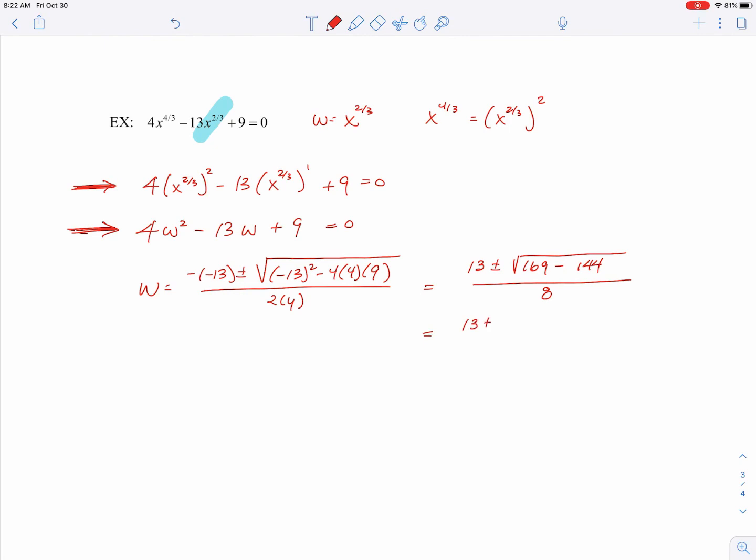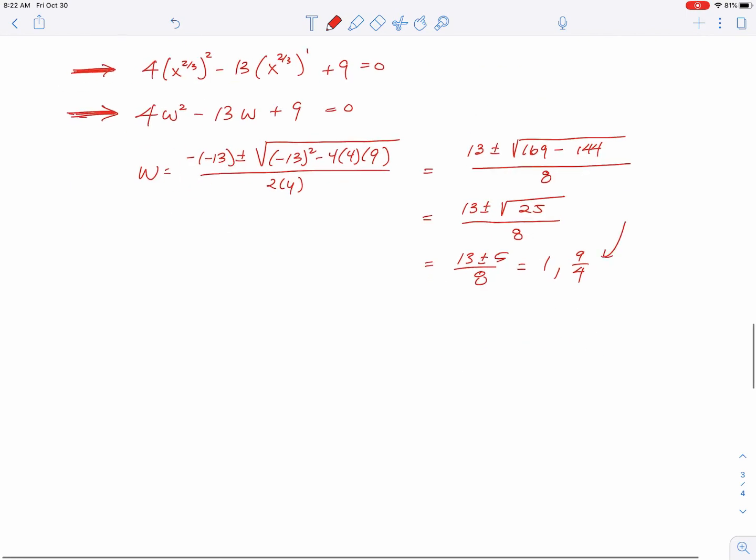Making this 13 plus or minus the square root of 25. Oh, that's nice. Over 8, or 13 plus or minus 5 over 8. 13 minus 5 is 8, so that'll be 8 over 8, which is 1. And 13 plus 5 is 18 over 8, which is 9/4. So those are our w's.